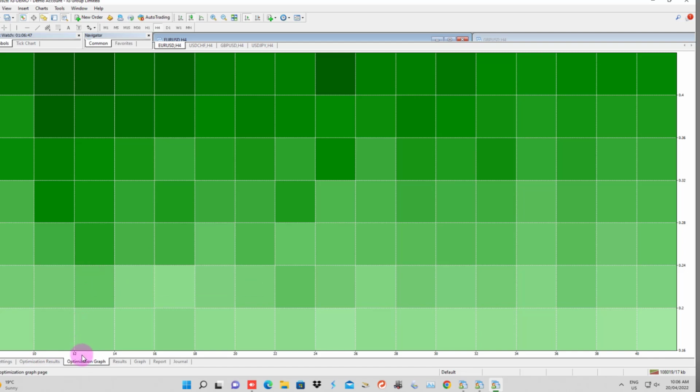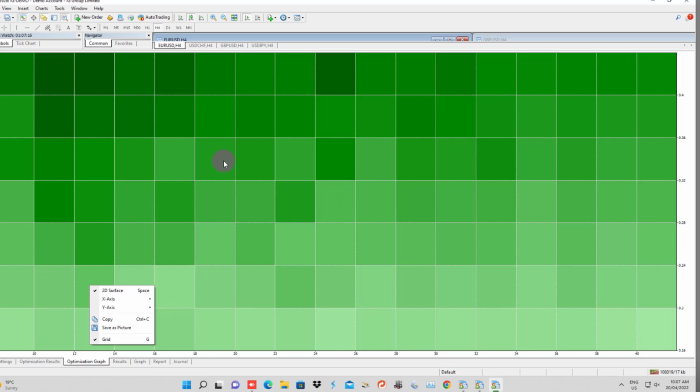So what I'm going to show you is the optimization graph. Now, it doesn't normally display like this. So what you have to do is you have to right click on the optimization graph and select 2D surface. Now, when you select 2D surface, what happens is it displays one setting compared to another setting on a heat map.